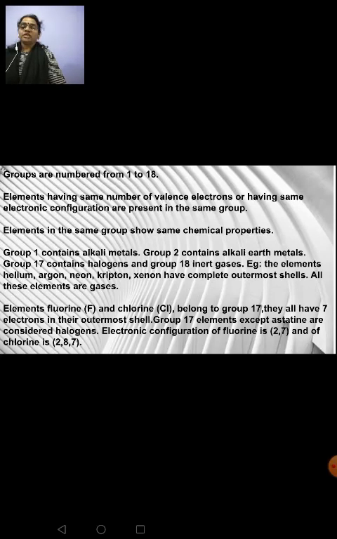Fluorine has got 2 shells, chlorine has got 3 shells around it. So the outermost shell of fluorine, that is the second shell, consists of 7 electrons. The outermost shell of chlorine, that is the third shell, also has 7 electrons. So the number of electrons present in the outermost shell of these elements remain the same. So they are said to be falling under one group.